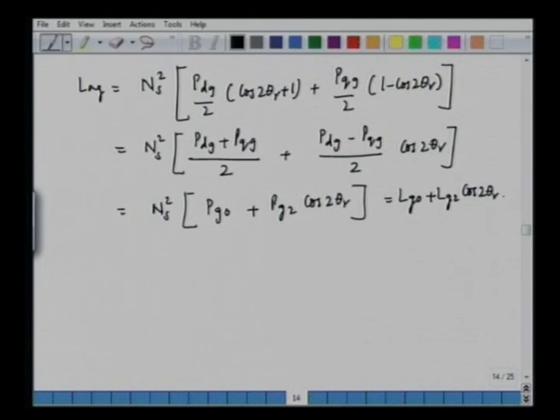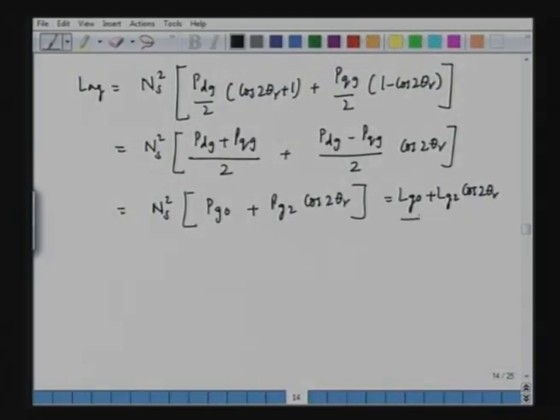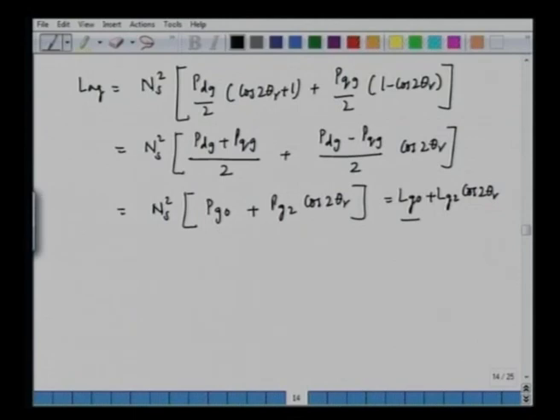So, LAG has got two components. One component is constant, that is Lg0, and the other component varies with cos of 2 theta r, that is Lg2.